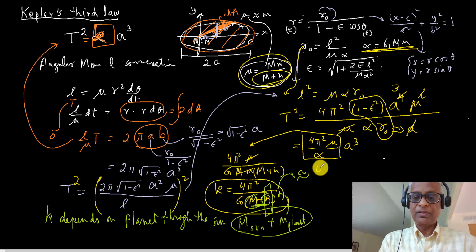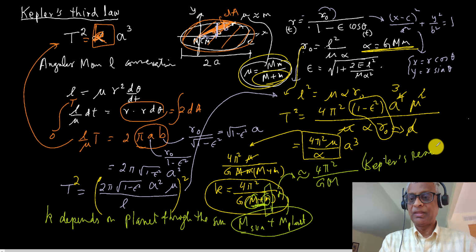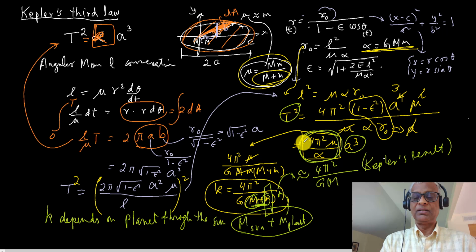If you simplify it, this gives Kepler's result, that T square is proportional to a cube, and the constant of proportionality is almost independent of the mass of the planet. This is pretty interesting, that Kepler's laws can be so readily derived from just the angular momentum conservation aspect of Newton's derivation.